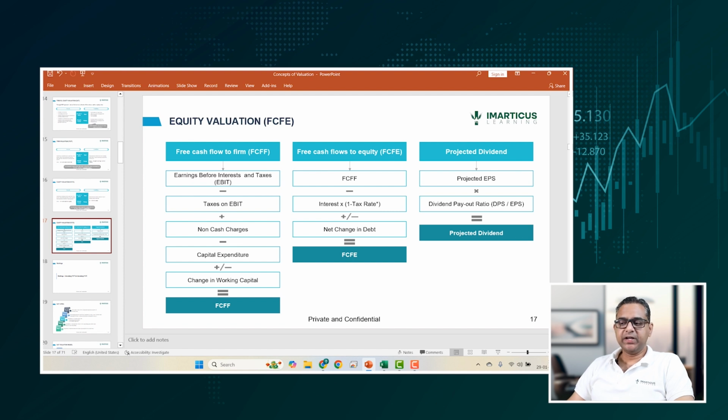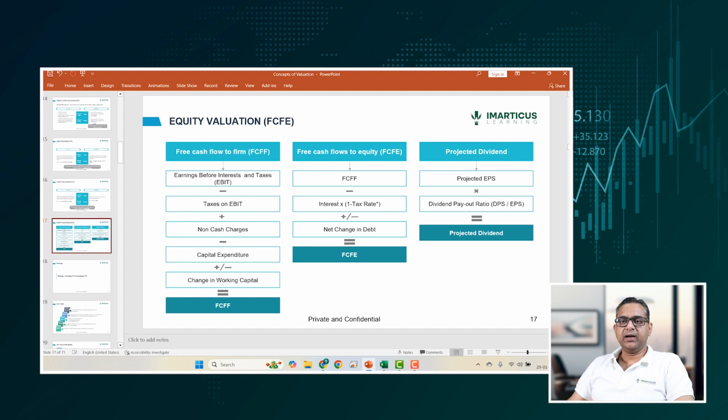Secondly, we have free cash flows to equity. These free cash flows belong to only equity capital providers. So how do we calculate them? From free cash flows to the firm, we remove the debt payments we need to make. So we remove the interest, and when we pay interest, we get a tax benefit because profits are reduced and we need to pay tax on a lower level of profits. So that's why we get a tax benefit when we pay interest expense.